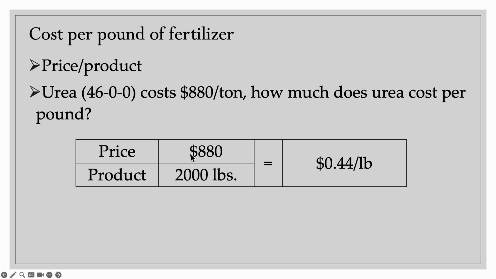So price over product, we have $880 per ton, and a ton is 2,000 pounds. And this is going to give me, look here, dollars per pound. So when I do this math, we get $0.44 per pound.